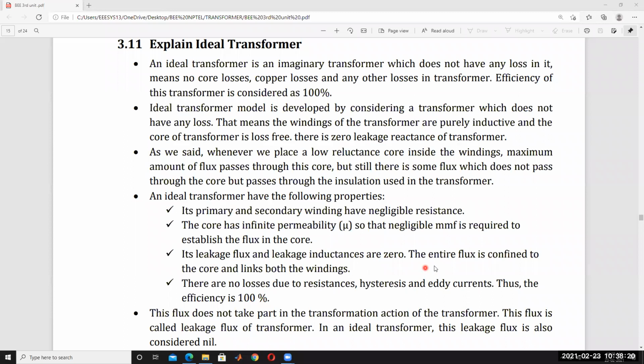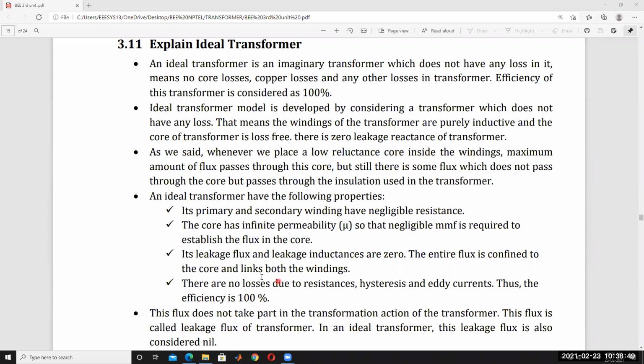The entire flux is confined to the core and links both the windings. The total flux generated by the primary side is completely linked to the secondary side. This is for the ideal case, but practically it is not possible; some flux passes through the air.